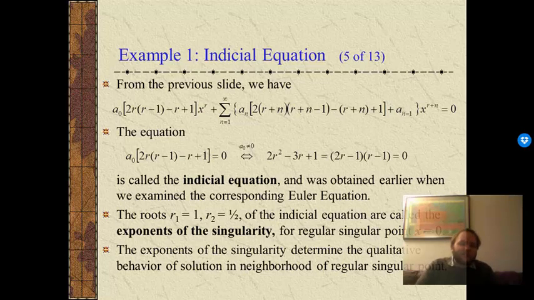In this case, we've already solved them. They're 1 and 1/2. You remember? Those numbers are special, and we call them the exponents of the singularity, because those exponents help smooth that singularity over, except for if that x value is equal to 0. We still can't plug in 0, but every other value will work. So the exponents of the singularity determine the qualitative behavior of the solution near that regular singular point.